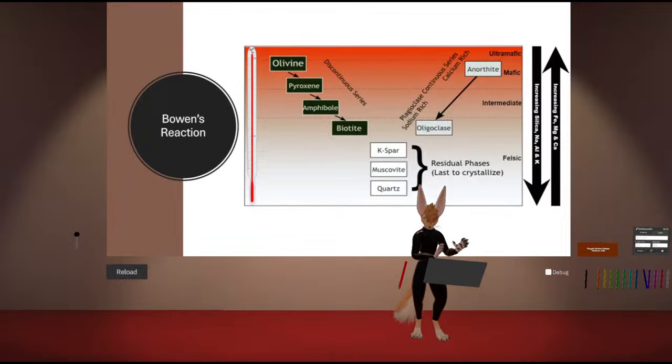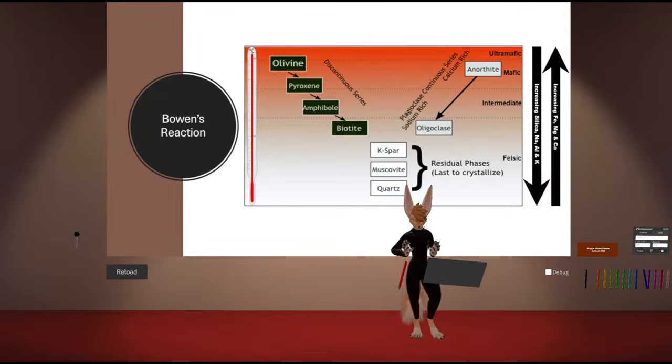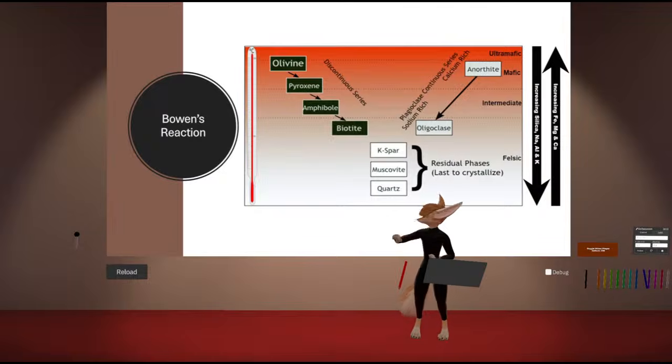On the other hand, if the melt is low in silica, high in magnesium, then all of the silica is used up before biotite or the high silica minerals crystallize. The melt then forms mafic rock such as gabbro.